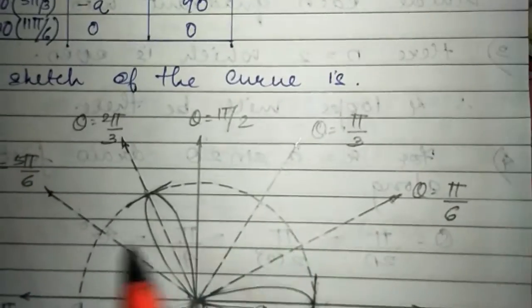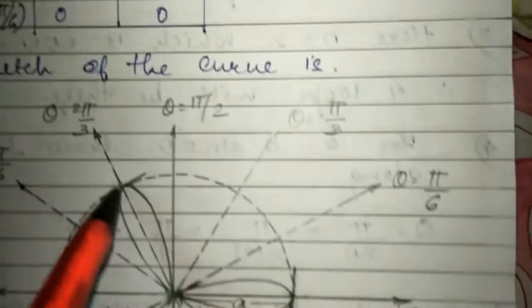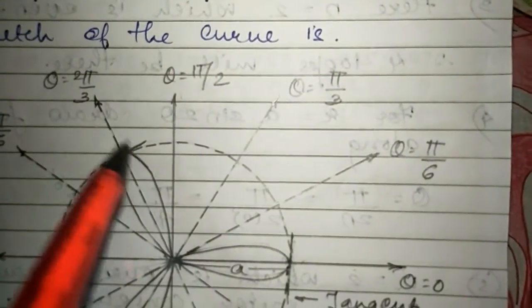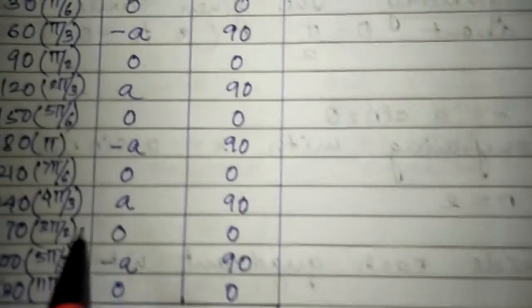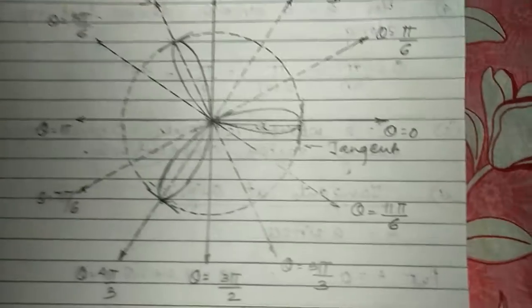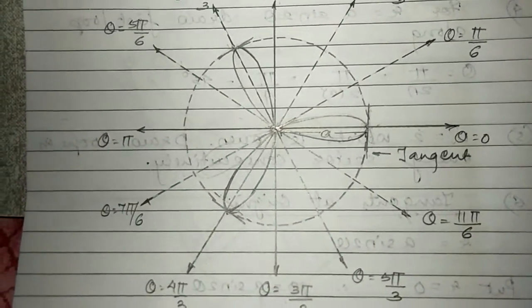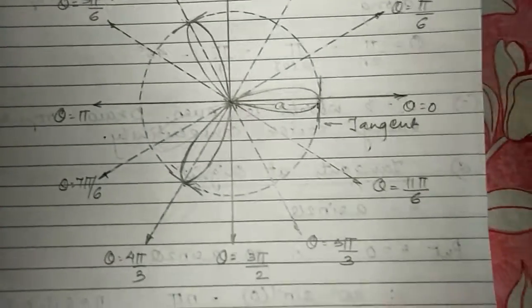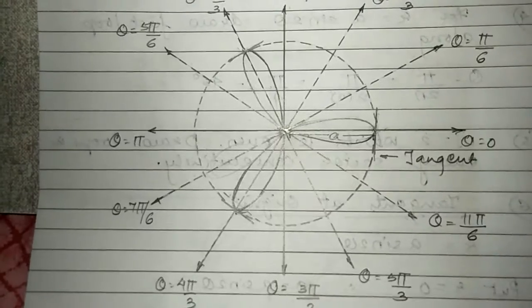You can see even for theta is equal to 2 pi by 3, we have phi is equal to 90 degree. The angle made by the tangent with the radius vector is again 90 degree. Similarly for theta is equal to 4 pi by 3. So in this way, with the given information, you have to find out all the parameters necessary to trace the curve and then draw a rough sketch of the curve.